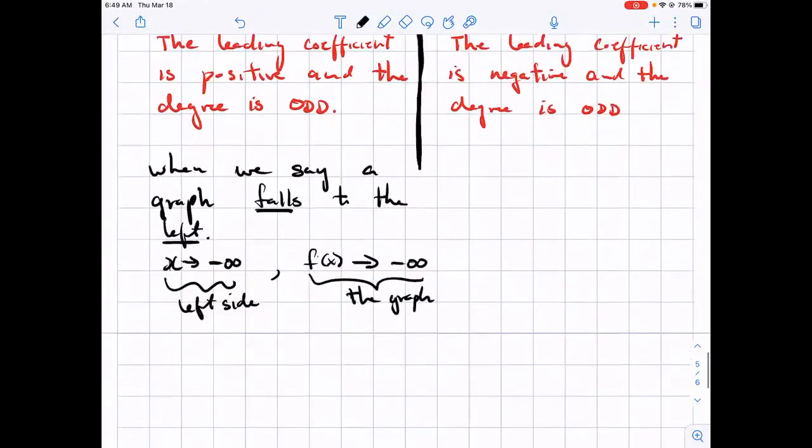This is the left side of the x-axis, the graph of the function. This is just the notation in which we write.